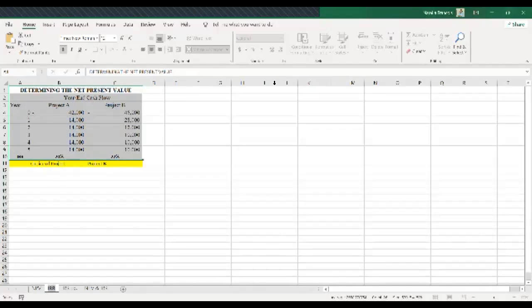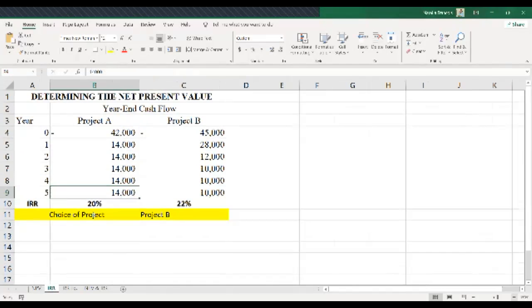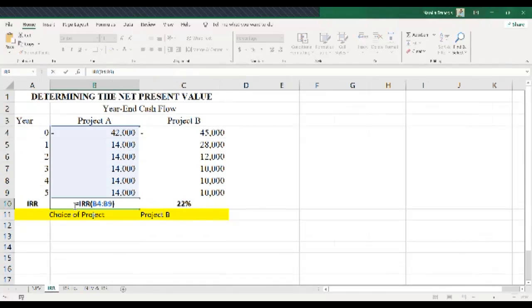So IRR, we list out projects A and B, outflows and inflows. IRR is simple, the function IRR, and we select the cells of the cash inflows and outflows.